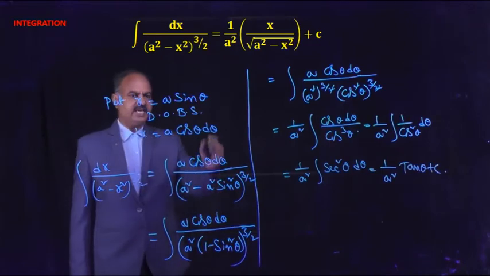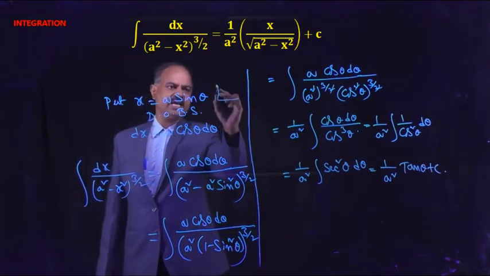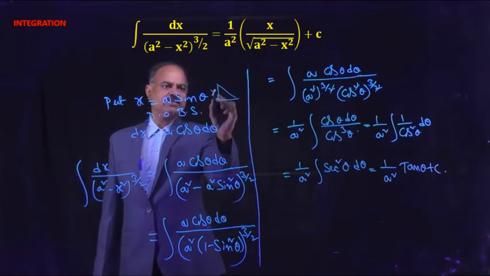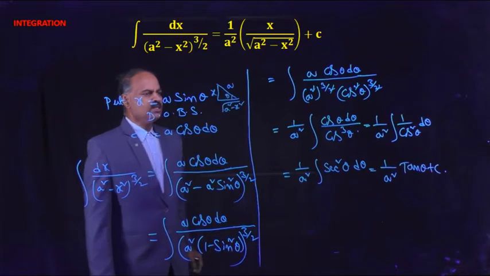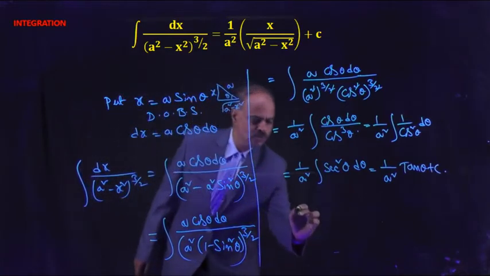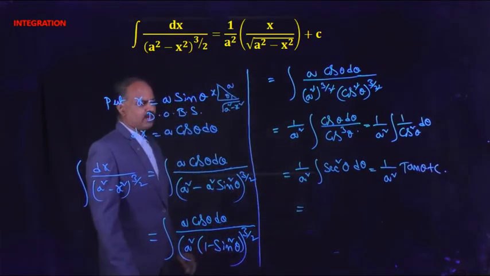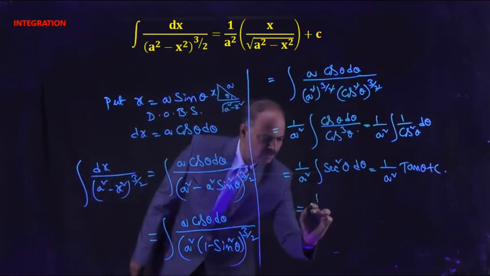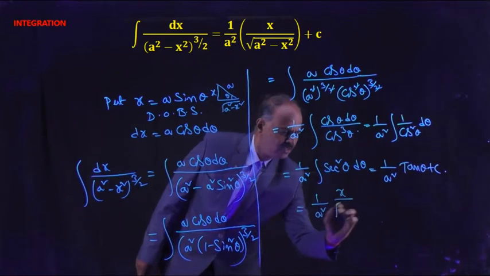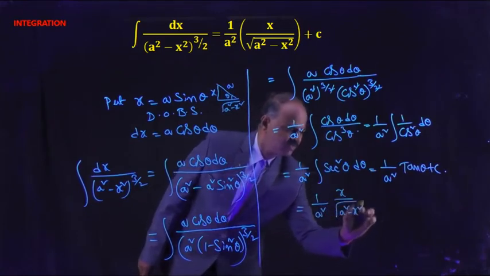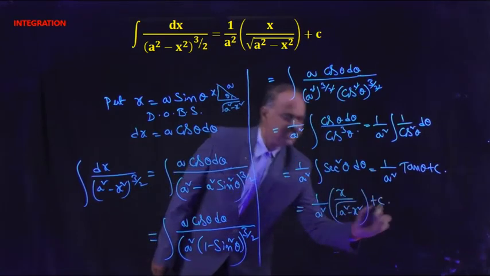So here sin theta is equal to x by a, so the adjacent side is root over a square minus x square. So tan theta is equal to x by root over a square minus x square. Now this is equal to 1 by a square into tan theta, which is equal to x by root over a square minus x square plus integration constant c.